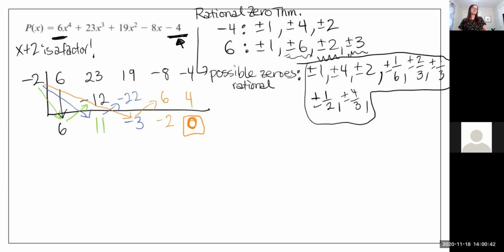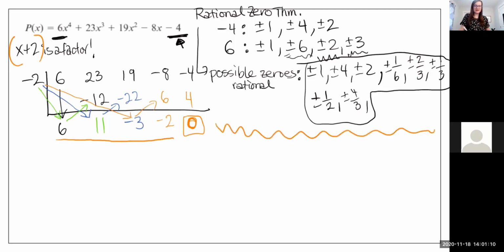What is satisfying for me is that I do see that 0 and it cross-checks with the other piece of information I have, which is that if I plug in a -2, I should get 0. So having a remainder of 0 helps me see that this new polynomial is what's left after division by x plus 2. Okay, so now what that means is that I can say that x plus 2 times 6x cubed plus 11x squared minus 3x minus 2 is what p of x is.